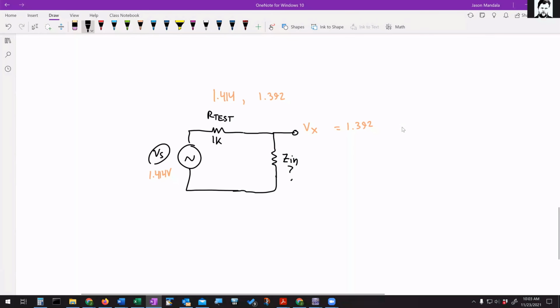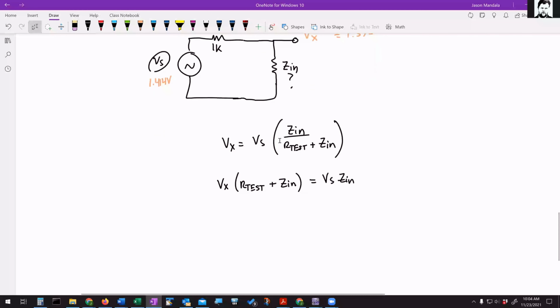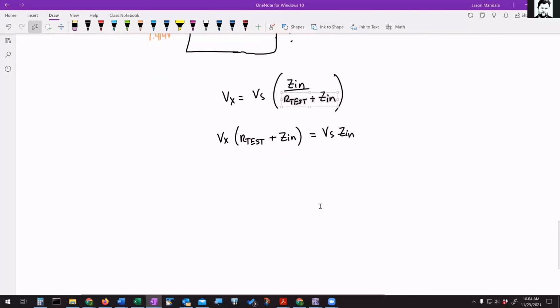So you can write a voltage divider expression: Vx equals Vs times Zin over (R test plus Zin), and solve that for Zin. Cross multiplying, Vx times (R test plus Zin) equals Vs Zin. So I can write this as Vx R test plus Vx Zin, and now you have this Zin term you can manipulate.